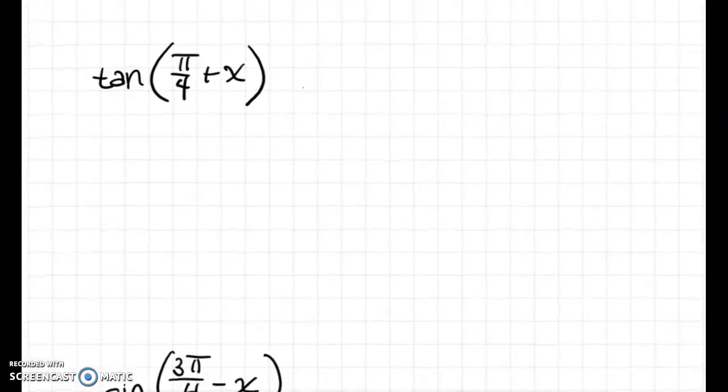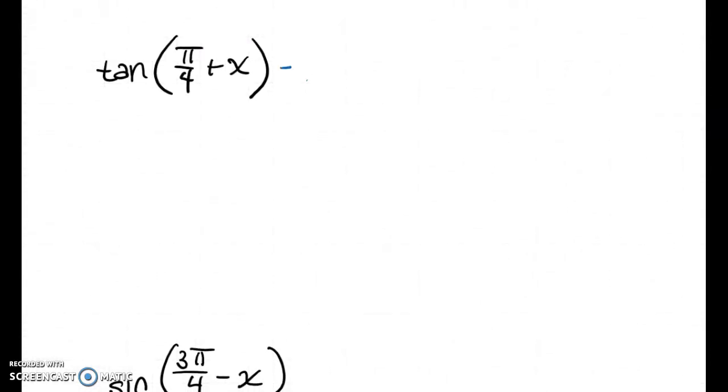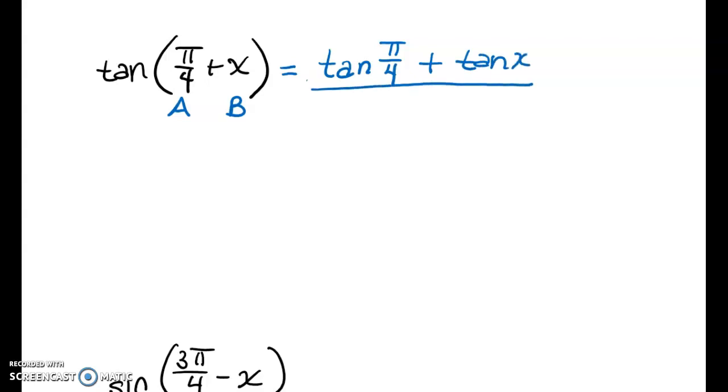All right, so we're going to do the same thing on our next example, but this time we're going to use the sum identity for tangent. If we plug in A and B, pi over 4 and x, into our formula, we get the tangent of pi over 4 plus the tangent of x over 1 minus the tangent of pi over 4 times the tangent of x. I know that pi over 4 is a Q1 angle, a 45-degree angle.